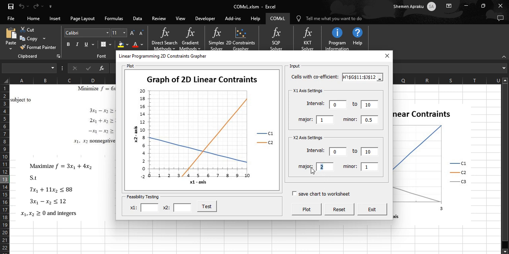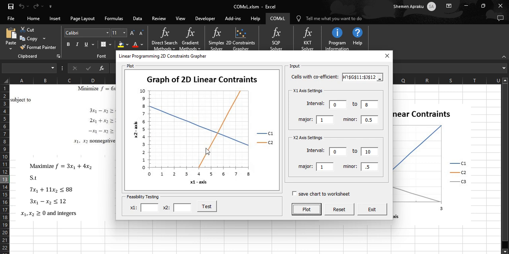So this is the graph of constraints. I'll set my x1 axis from 0 to 8, and I'll go plot it. So we have four regions on the constraint graph: region 1, region 2, region 3, region 4.